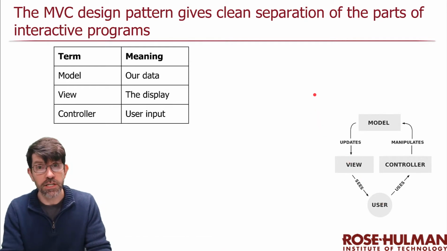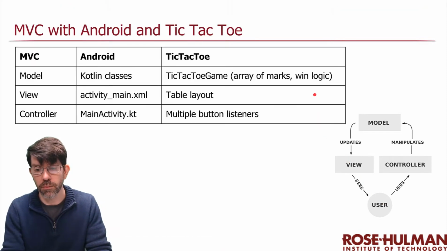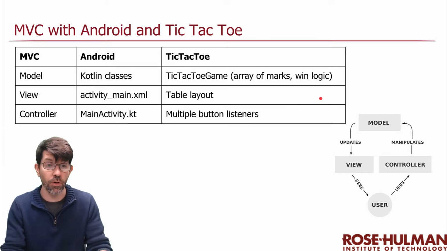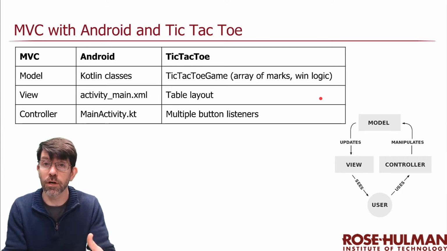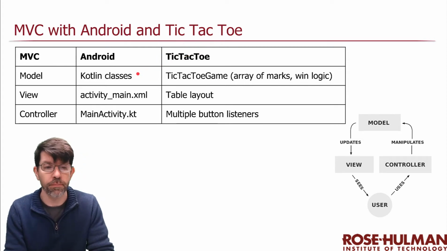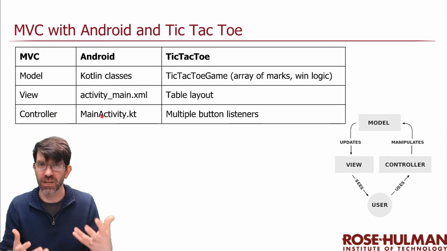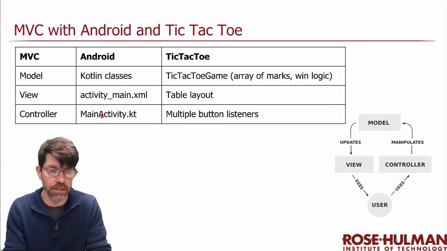Now in the next program we're going to create, these three things are all going to go in separate files. So, Tic Tac Toe. Like the last one, we're going to have a controller, the main activity, with some Tic Tac Toe buttons to click.